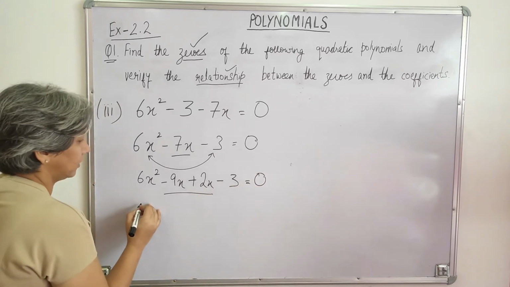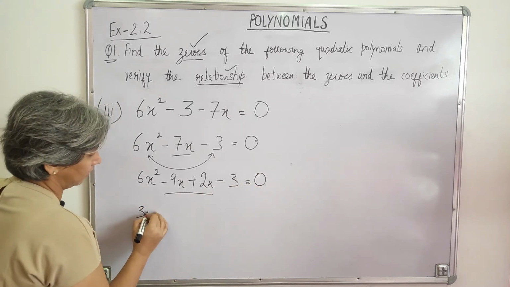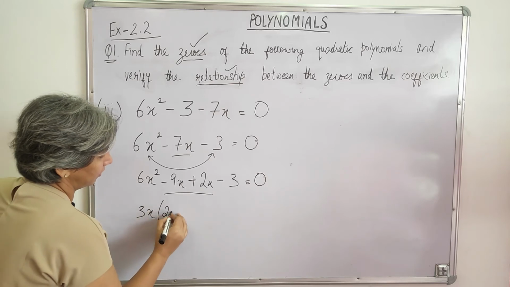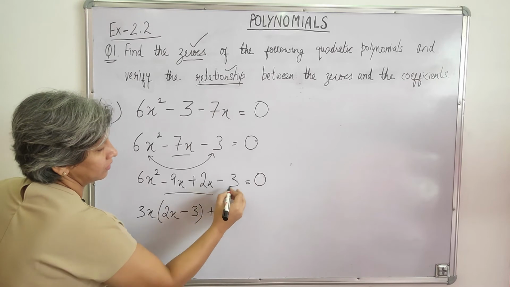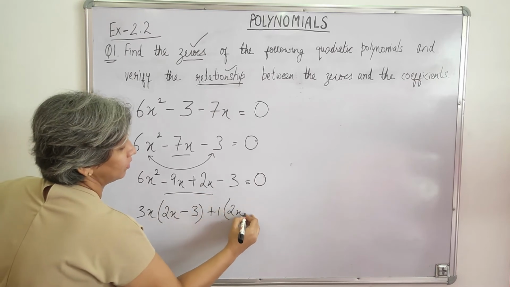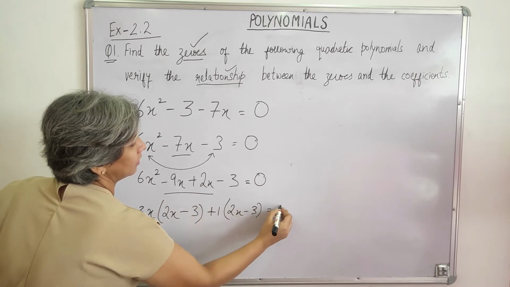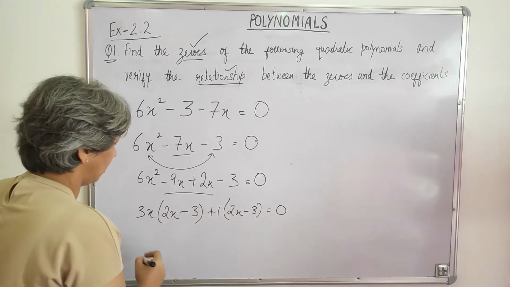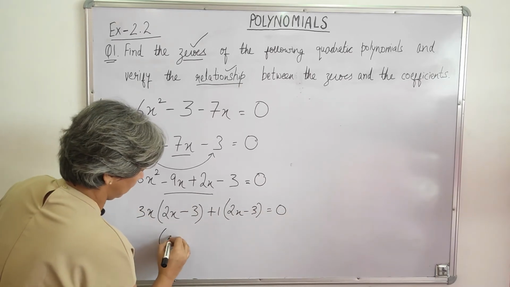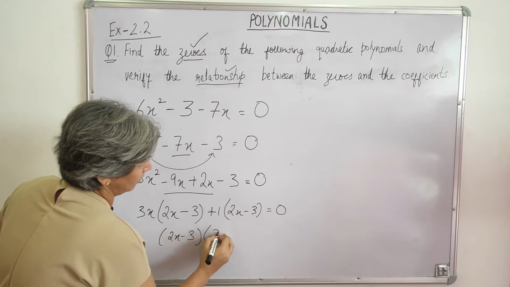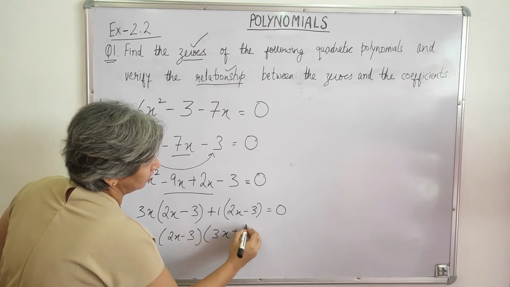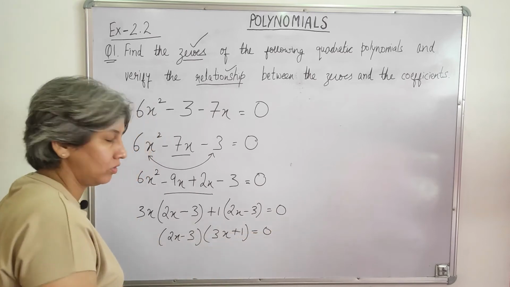Okay, so let's take common. We can take 3x here. It will be 2x minus 3. Again, there's nothing common, so we'll take the common 2x minus 3. It will be 3x plus 1 equal to 0.